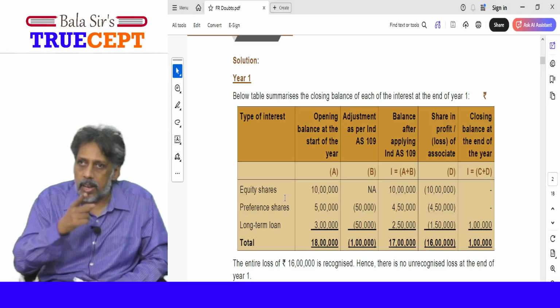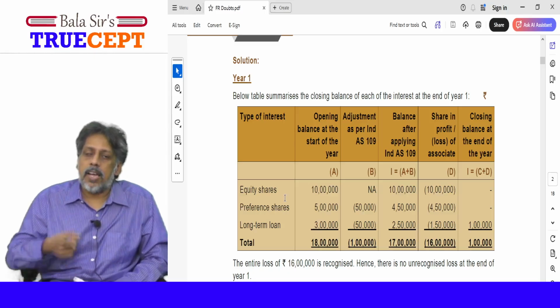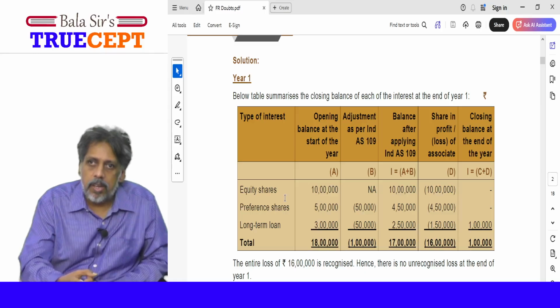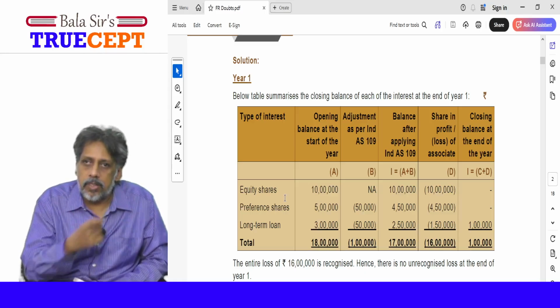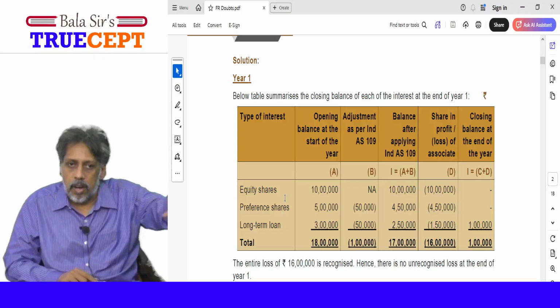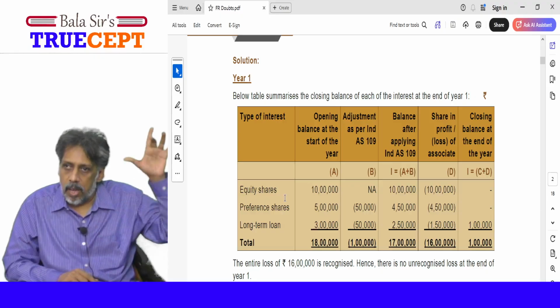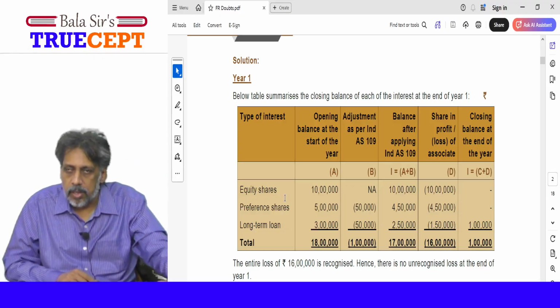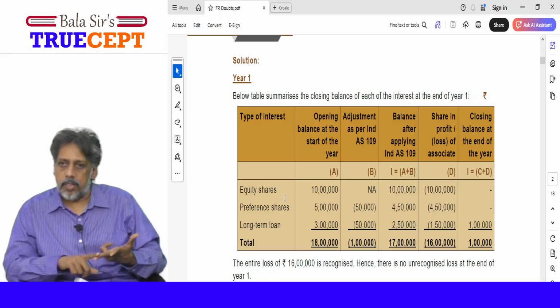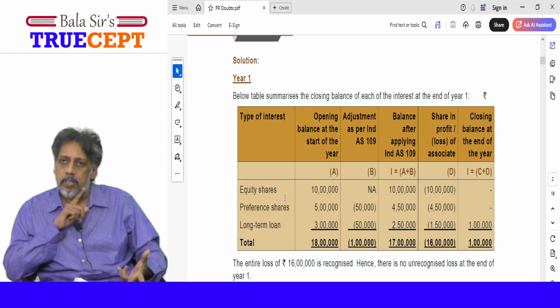What is the balance? 6 lakh. Of that, now 4 lakh and 50,000 loss can be assigned to preference shares. What is the entry? Share of loss account debit to preference share investment. Is that fine? 4 lakh and 50,000 written off. It becomes nil, zero.